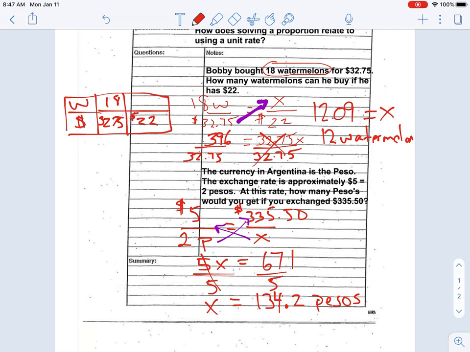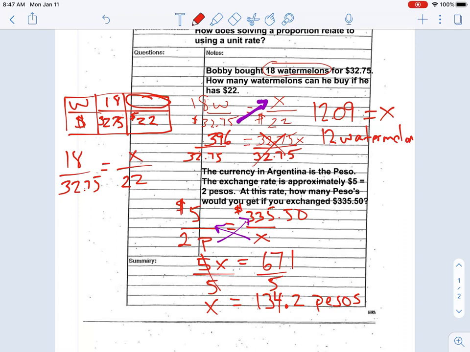And already you can see that I don't know how many watermelons go in there. So already you can see how you're setting up your proportion, and it's kind of already set up for you. So the 18 over the 32.75, the 22 is on the bottom because it's dollars, and I don't know what that value is on the top.